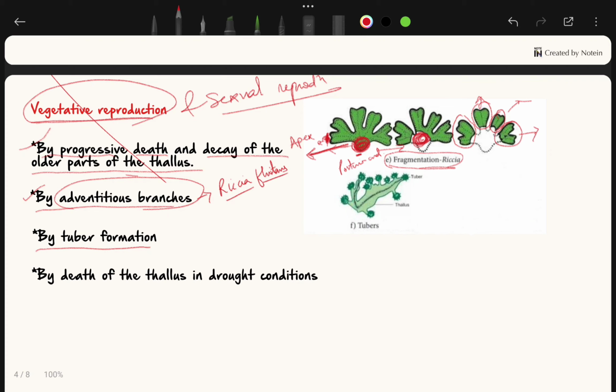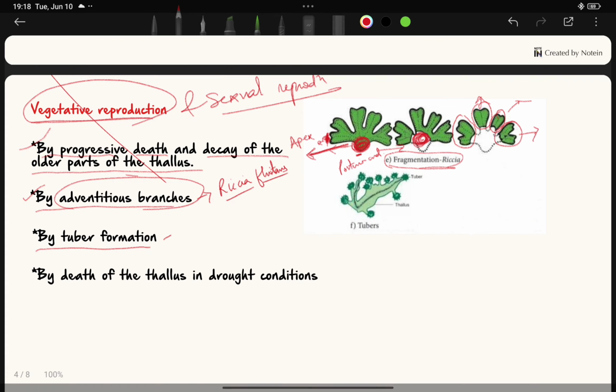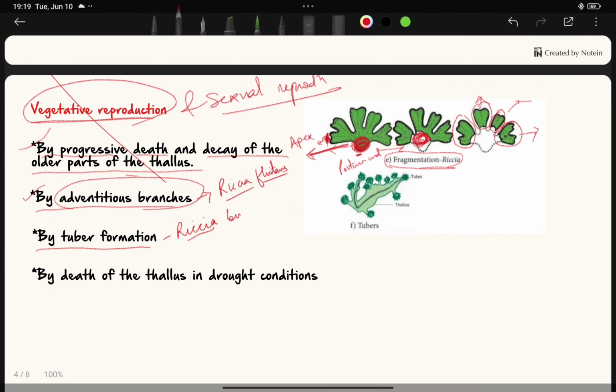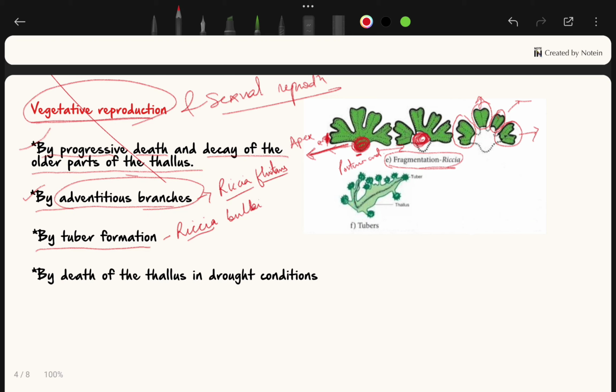Alright, the next is by tuber formation. Tuber formation is seen in, for example, Riccia bulbifera.